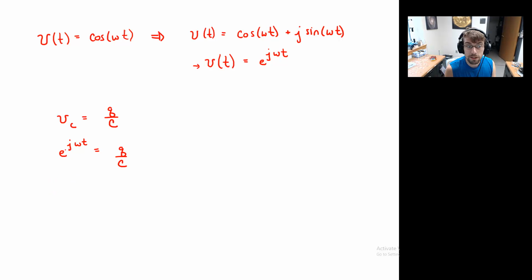Now when I take the derivative, notice I get that j coming down in front, right? j, although special, is just another number. And lastly, I'll multiply through by C. So we get j omega C e to the j omega t equals I_C.